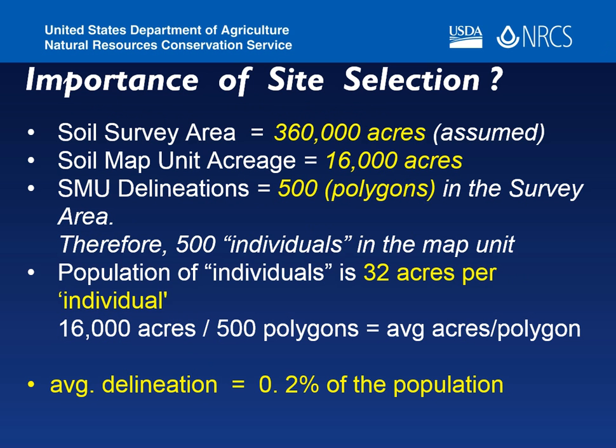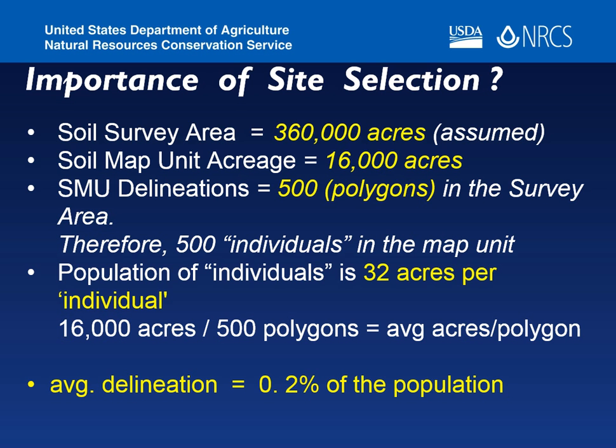Let's deviate just a little bit and talk about site selection. I want to bring this point in reference to a soil survey area. We're going to look at a soil survey area of about 360,000 acres. Let's just assume that. And then let's also assume that we have a soil map unit that has an acreage of about 16,000 acres.